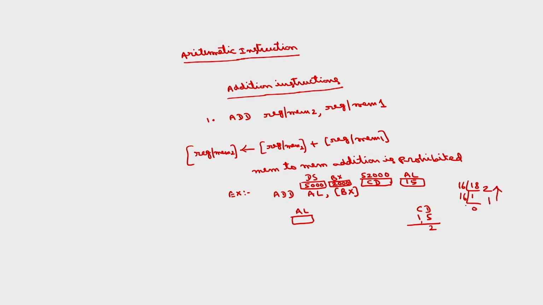So 12 is the hexadecimal of 18. So in decimal this D is 13 plus 5 is 18, in hexadecimal is 12. So C after that D, E, so this is E2. So AL will have E2, and the carry flag will be reset. This particular addition instruction affects all the flags.